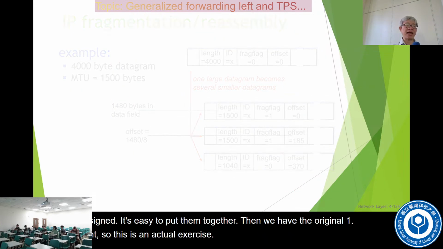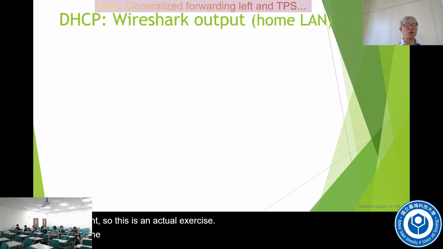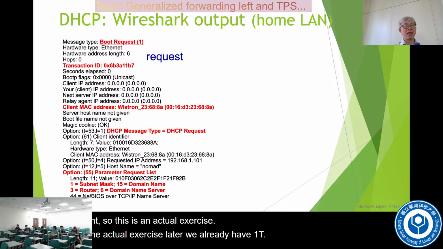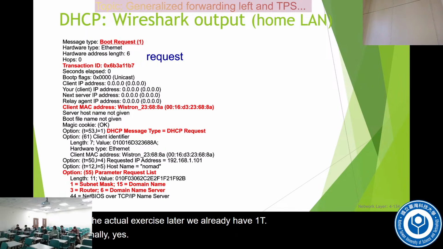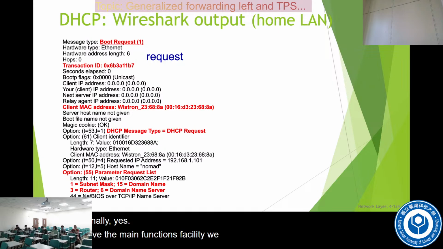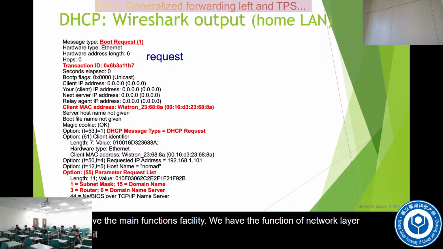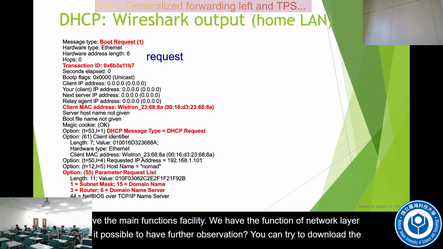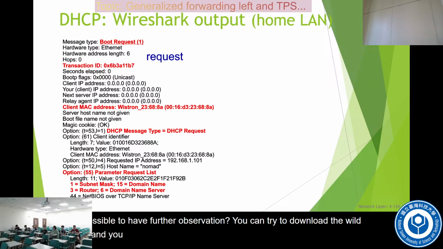And for the actual exercise later, we will already have one TPS. Finally, we have many functions, specifically the functions of the network layer. Is it possible to have an observation? You can try to download Wireshark and use it to observe something.